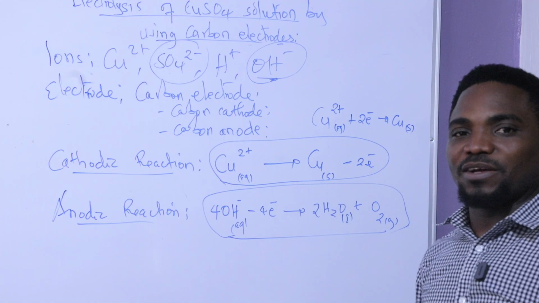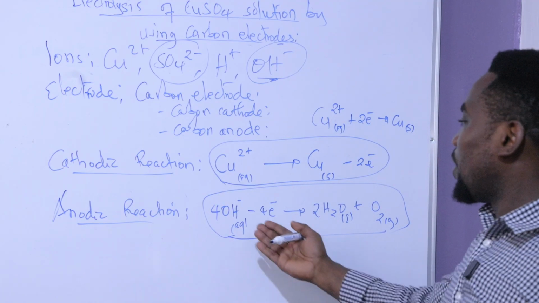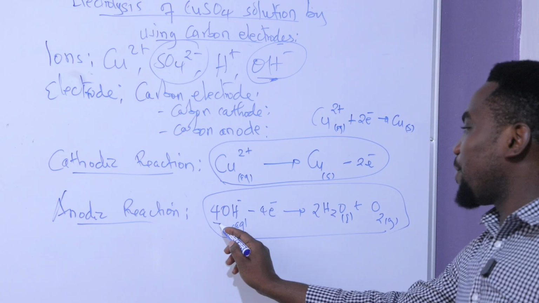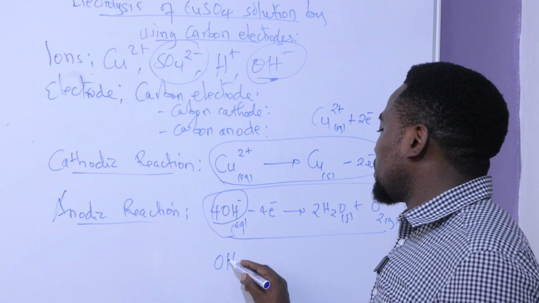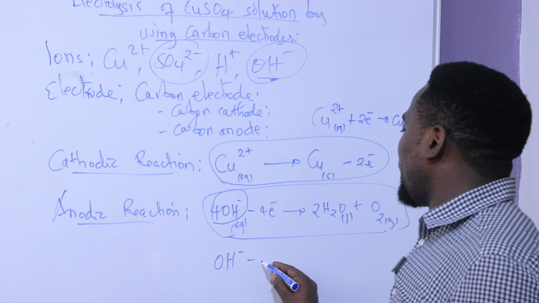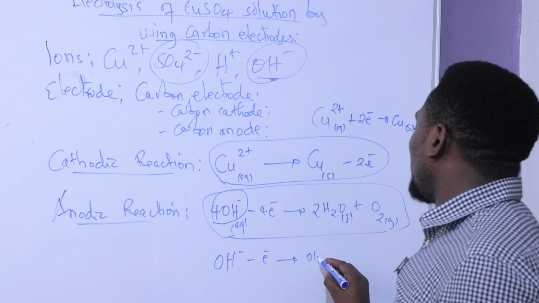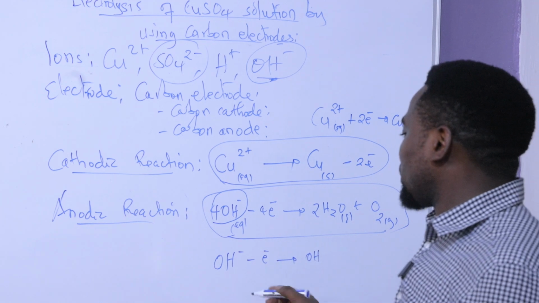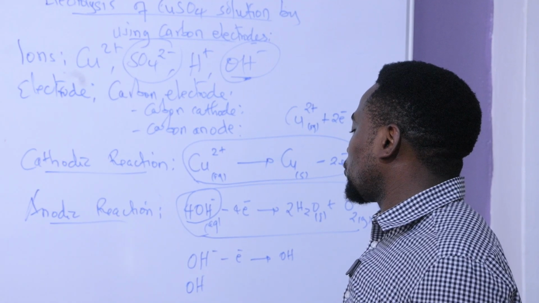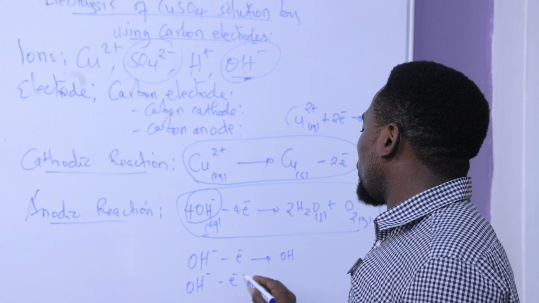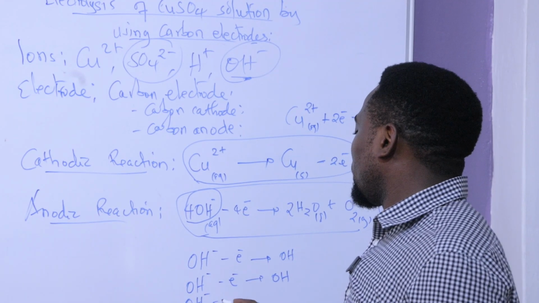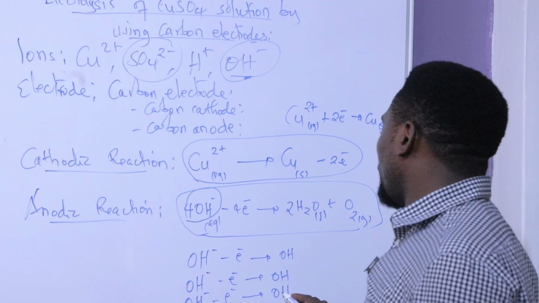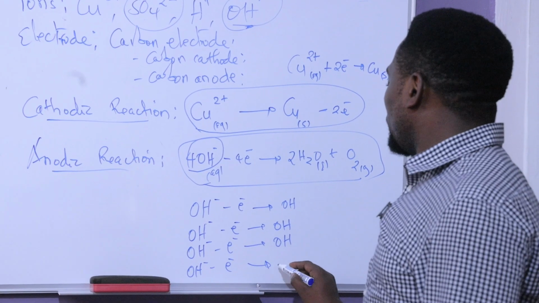After knowing this, let's come to the questions that we were talking about. For those who do not understand where this 4 OH- is coming from, it's very simple. We start this equation with OH- losing 1 electron, then we obtain OH. That's number 1. Number 2, it proceeds 4 times. OH- minus an electron, we obtain another OH, then another OH-, losing 1 electron, we obtain OH, and the other one again OH- losing 1 electron, and we obtain another OH.